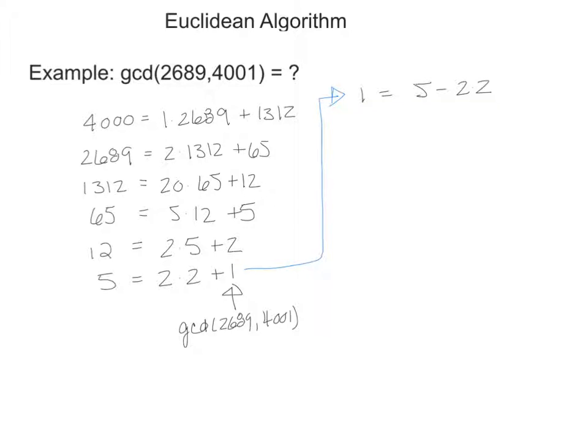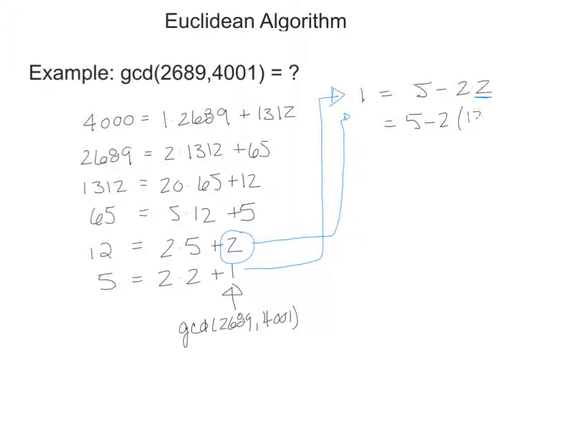And now I'm going to look at my next line, and I'm going to substitute this remainder for this number here. So I'm going to have that 1 is equal to 5 minus 2, and I'm going to substitute again for this 2 here: 12 minus 2 times 5.